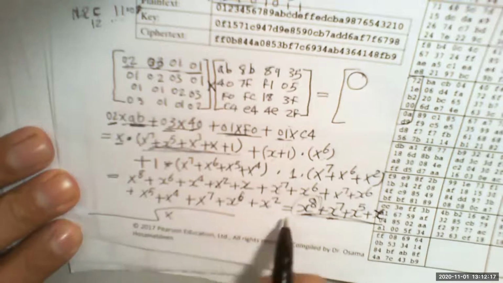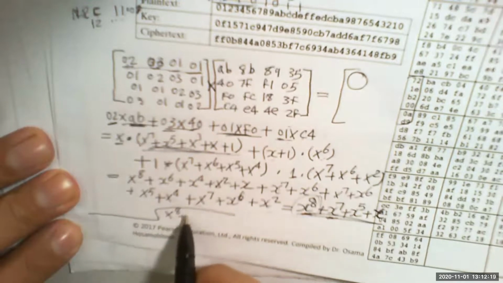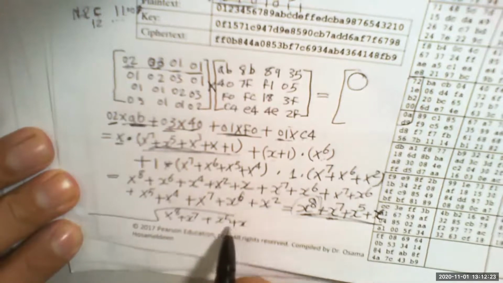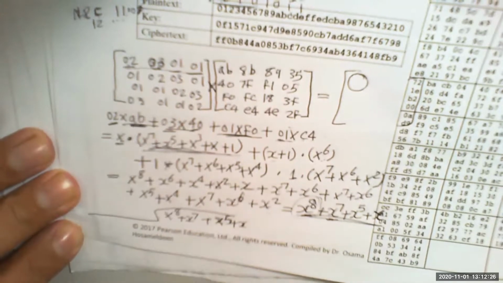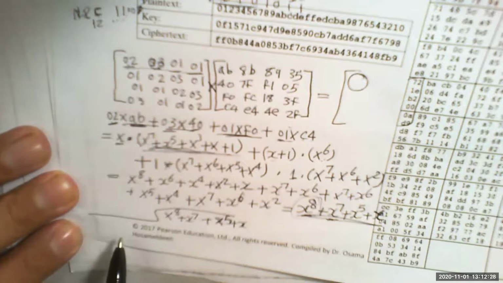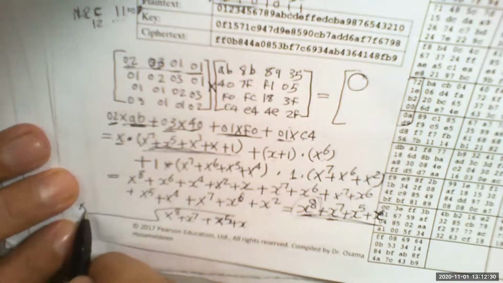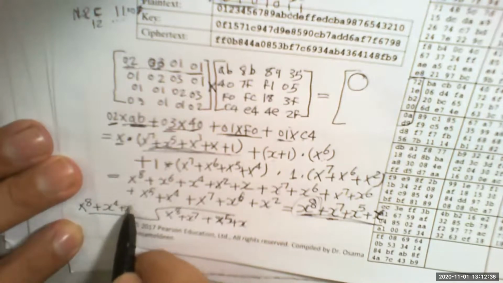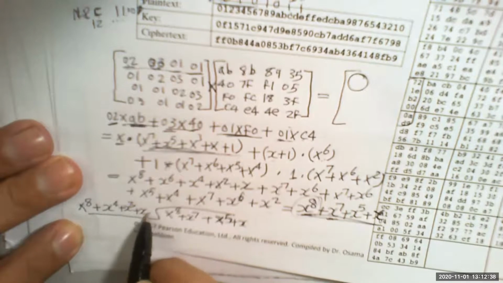We put that one here, x8 plus x7 plus x5 plus x, and then put the irreducible polynomial, which I remind you is x8 plus x4 plus x3 plus x plus 1.